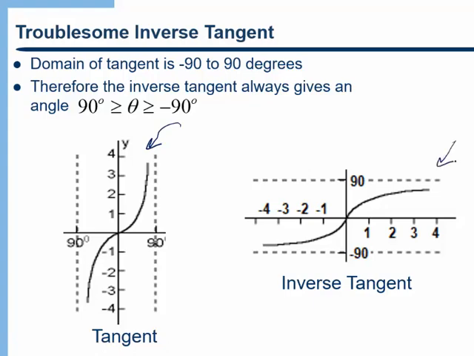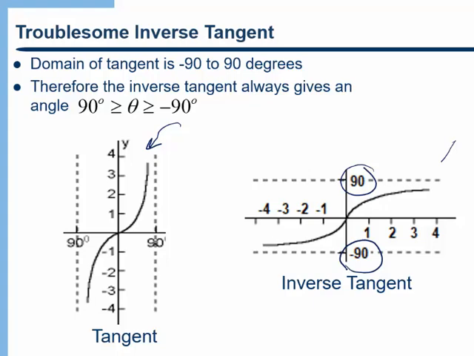In other words, if you put in any number, the biggest angle you can ever get out of the inverse tangent is 90 degrees, and the smallest is negative 90 degrees. That's why we couldn't get back to 142 degrees when we used the inverse tangent. The biggest number we could get would be 90 degrees.